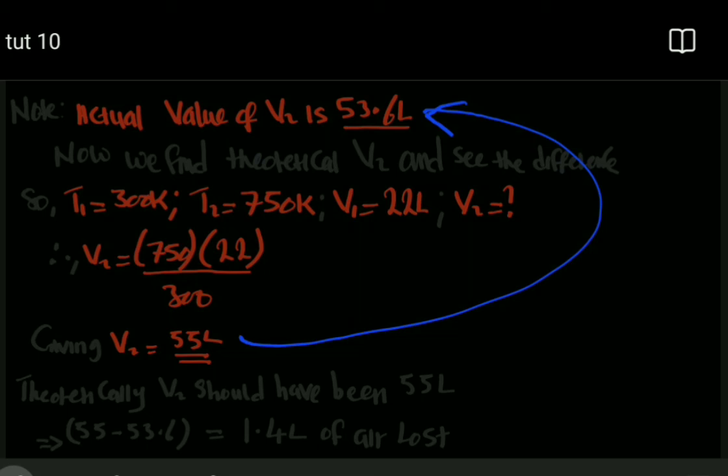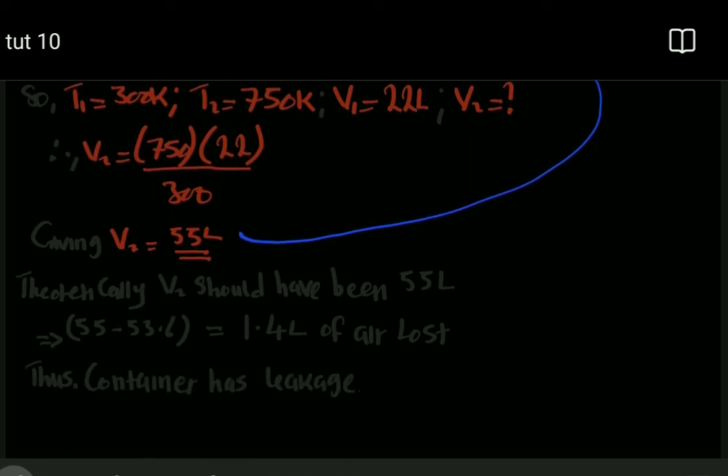All right, so we go ahead here and say theoretically the value of V2 should have been 55 liters. Okay, so we get the difference between the values of the volumes. We have 55 liters, which was supposed to be our final volume, minus the observed volume, which is 53.6 liters, giving us a volume of 1.4 liters.